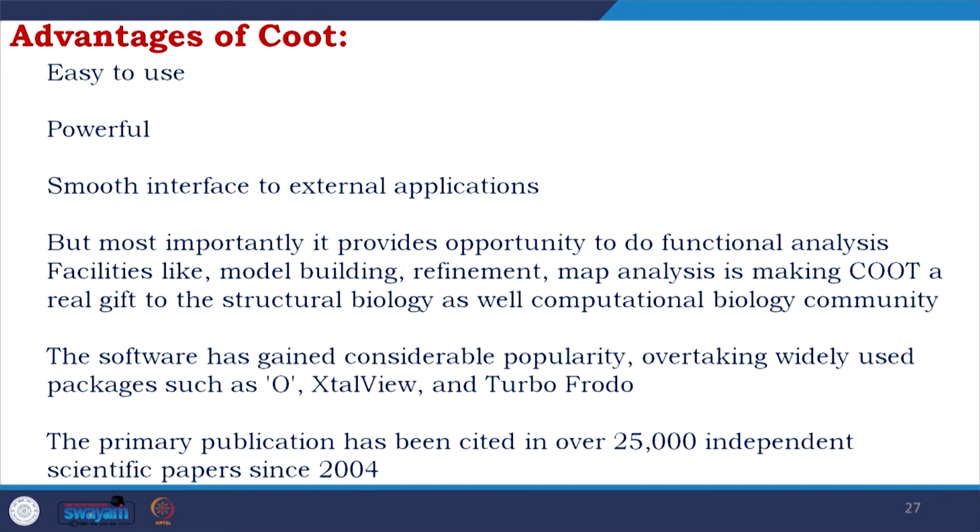The software has gained considerable popularity. It has already overtaken widely used packages such as O, CrystalView and TurboFrodo. The primary publication has been cited in over 25,000 independent scientific papers since 2004, proving its mettle.